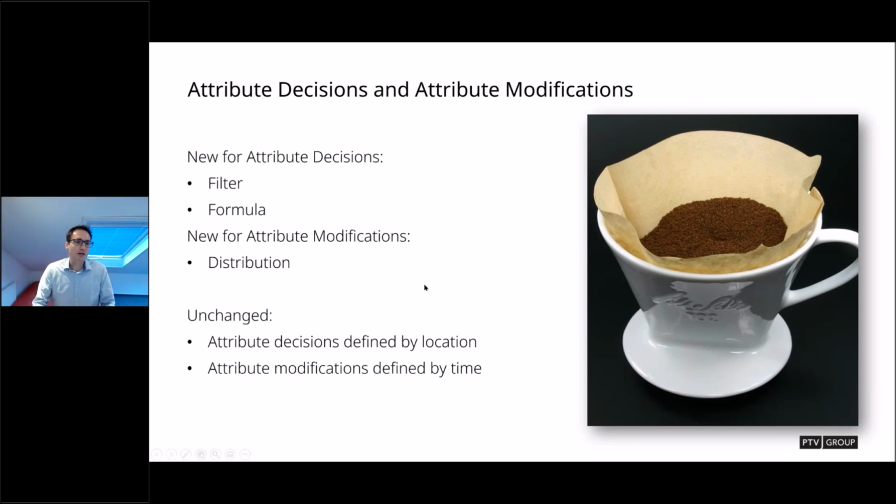Attribute decisions got the filters and the formulas, which were previously only for attribute modifications, and attribute modifications can now also assign values from a distribution. And change is of course the main use case. One is used by location and the other one by time.